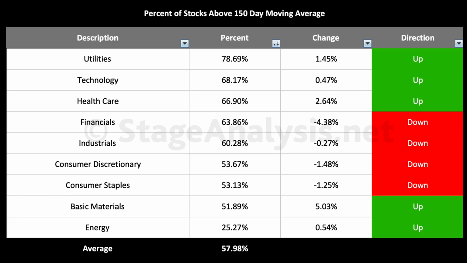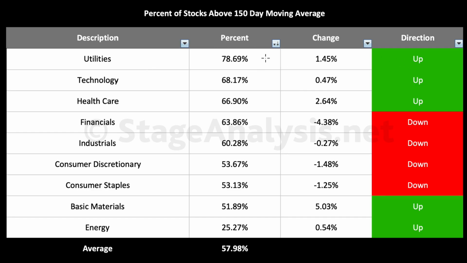Next, we've got the percentage of stocks above their 150-day moving averages. Each week I chart these based on the percentage of stocks above their 150-day moving average and work out the percentage compared to the percentage of stocks below their 150-day moving average. This gives us a sector view of what's going on in the market. At the moment, utilities remains the top sector.